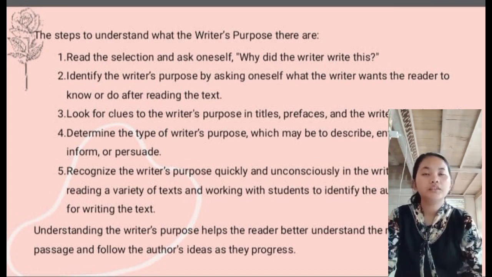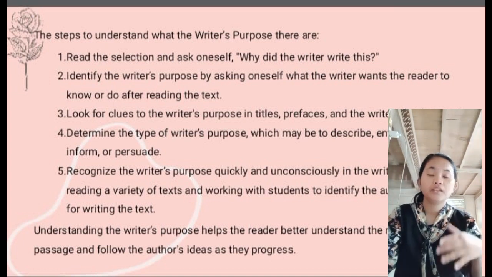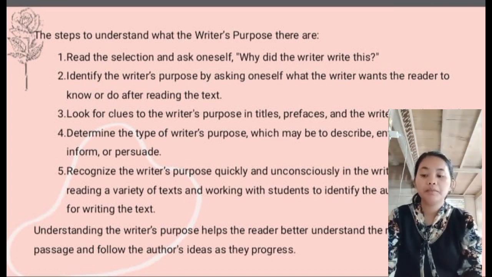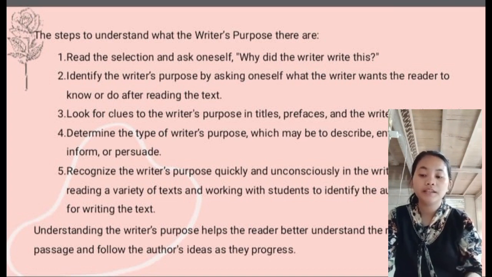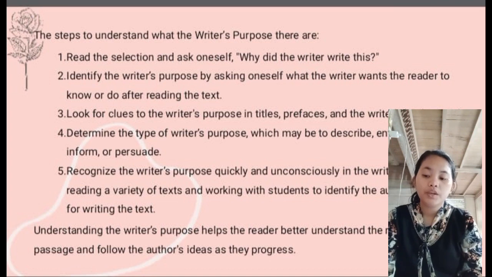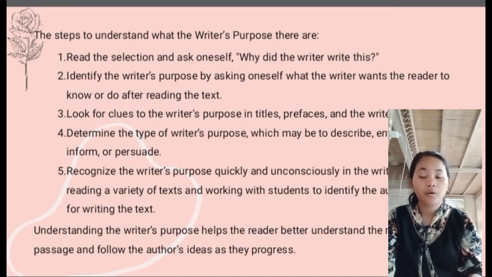The third, the next step, namely look for clues to the writer's purpose in titles, preface, and the writer's background. The fourth, determine the type of writer's purpose, which may be to describe, entertain, explain, inform, or persuade.